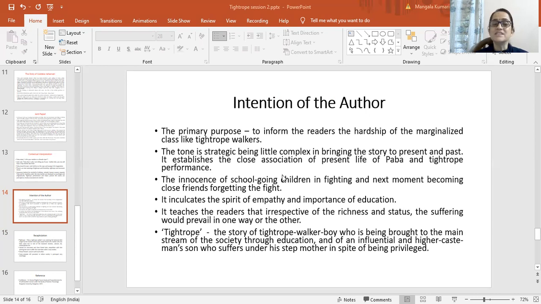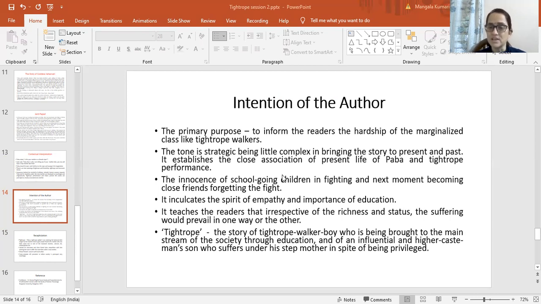It teaches the readers that irrespective of richness and status, suffering would prevail. Jatinda is a rich man's son, yet in spite of coming from a high status family, he is suffering one way or the other.